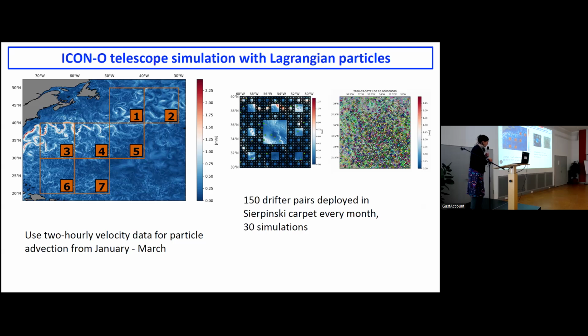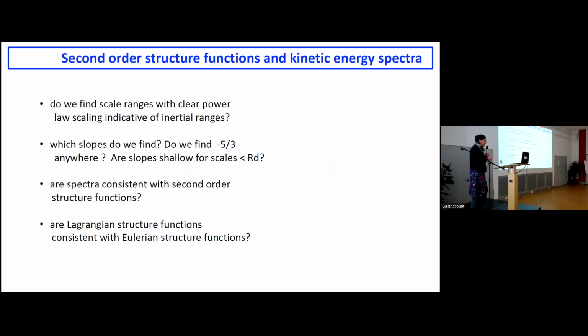Okay, so now we're equipped and we can look at some questions that we're asking now. Do we actually find scale ranges with clear power law scaling that would be indicative of actually inertial ranges? And then which slopes do we find?